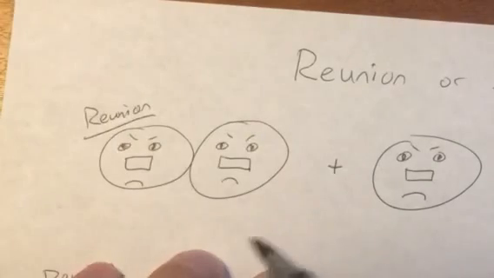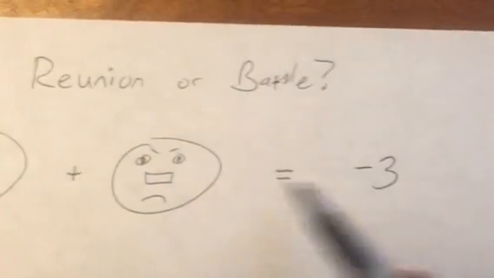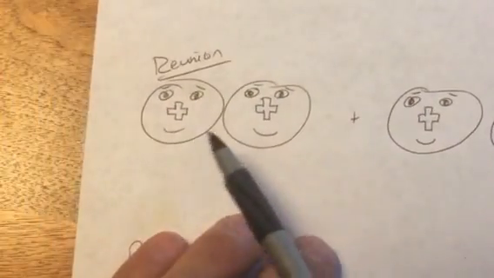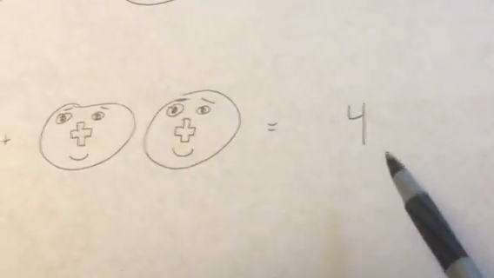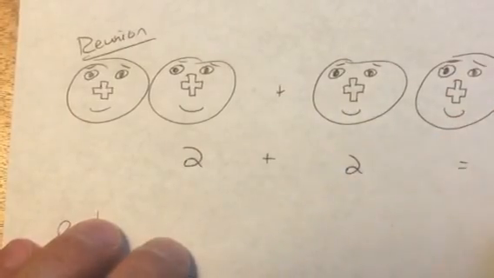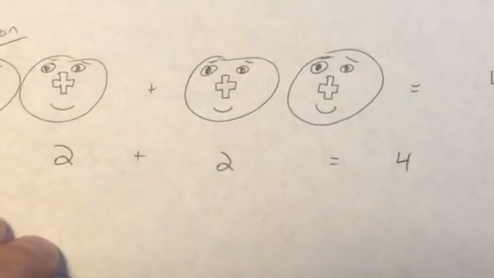And so a reunion would be something like this, where 2 negators meet up with another negator, creating negative 3, right? Another reunion would be something like this, where 2 positives meet up with 2 other positives, making positive 4. So symbolically this would be 2 plus 2 equals 4, which is what you guys learned way back in kindergarten, right?